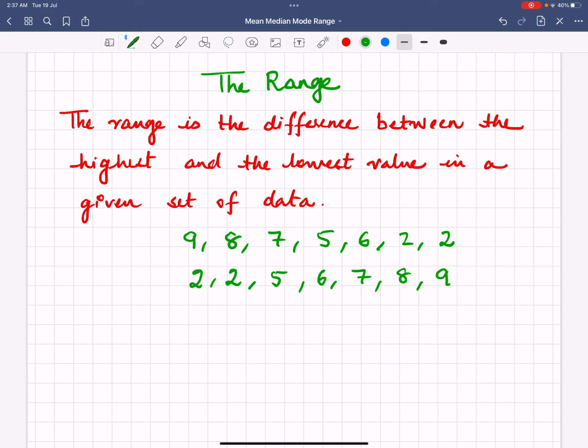The largest number I have is 9. The smallest number I have is 2. Therefore, the range of the data is the highest value, which is 9, minus the lowest value 2, and that is 7. So that answers example 1.